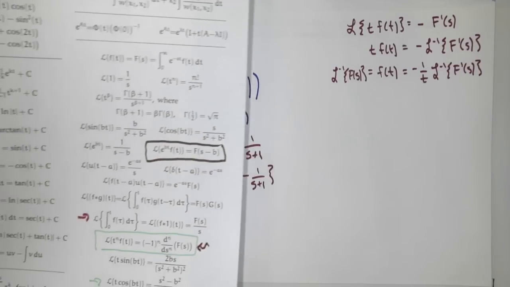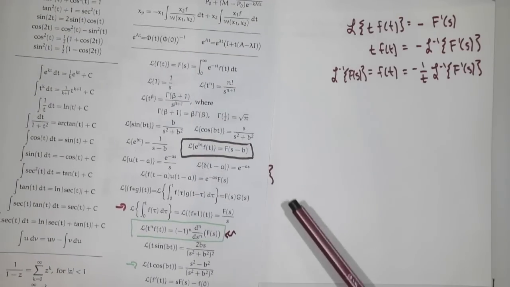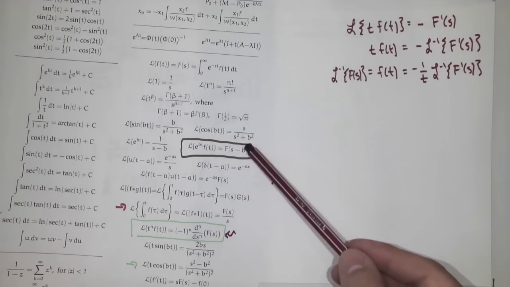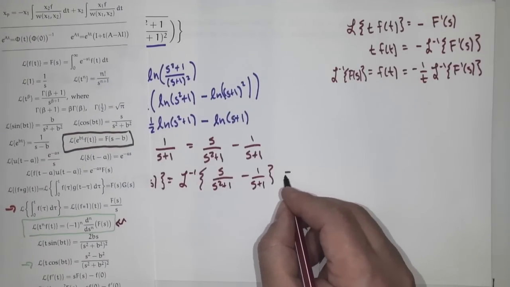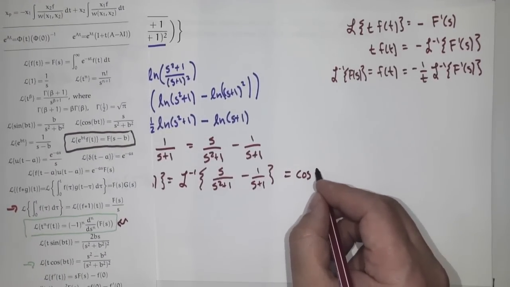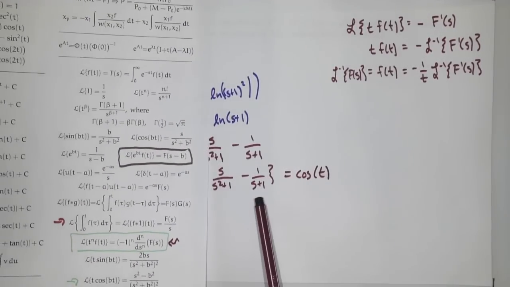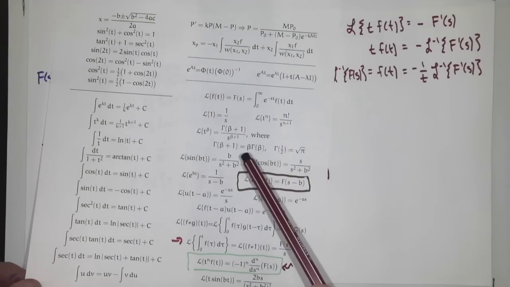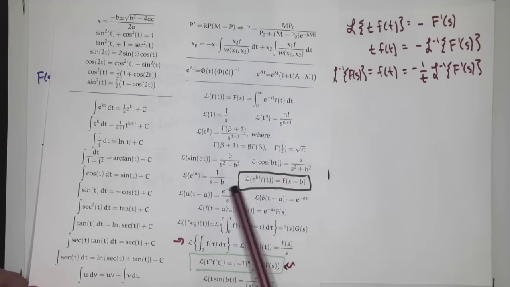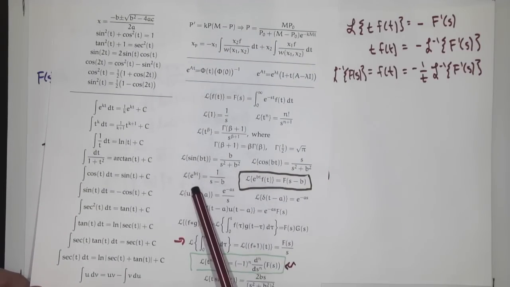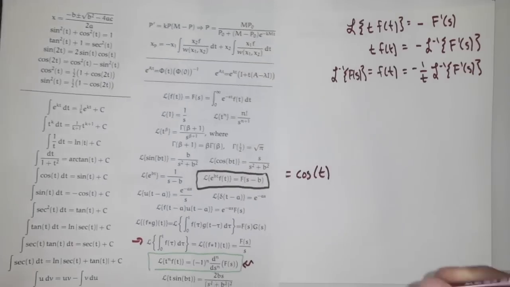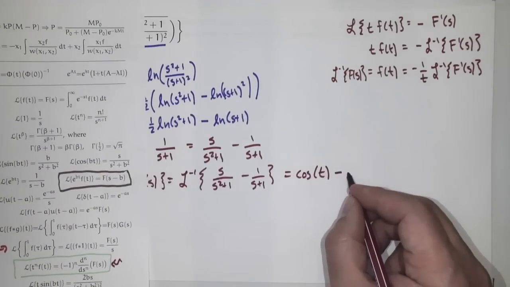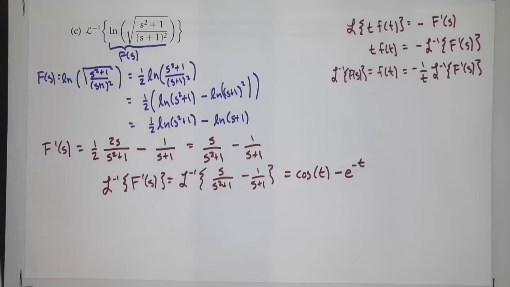Do we have anything that looks like s over s squared plus 1? Yes. That's the cosine function. So we get a cosine of t. How about s plus 1 downstairs? Well, that's our exponential function shifted, right? s plus 1 is s minus minus 1. So this is going to become a minus e to the minus t.